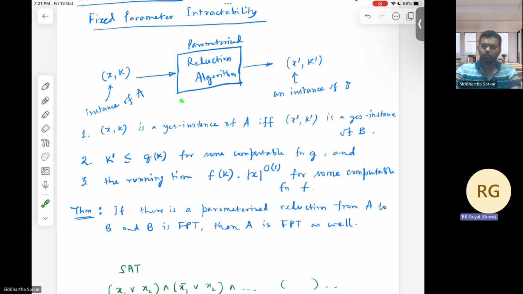Yes, I have understood these 3 points, except this thing: since we are reducing x comma k to x prime comma k dash, x prime is at least as hard as x is. Like, say, if we are reducing the vertex cover into the satisfiability problem, then the satisfiability problem is at least as hard as the vertex cover problem is.